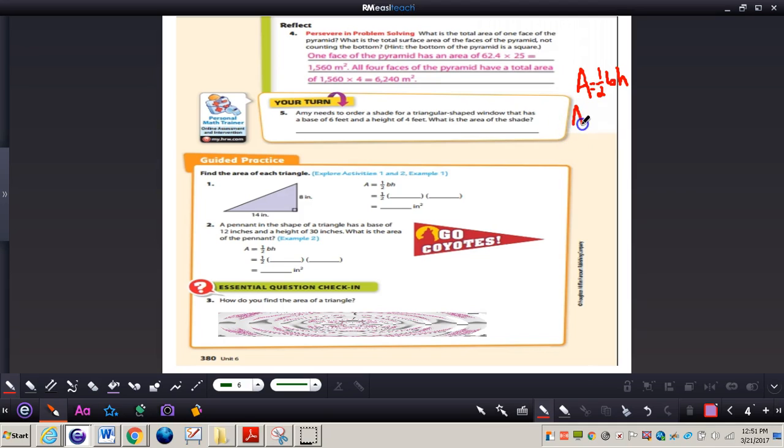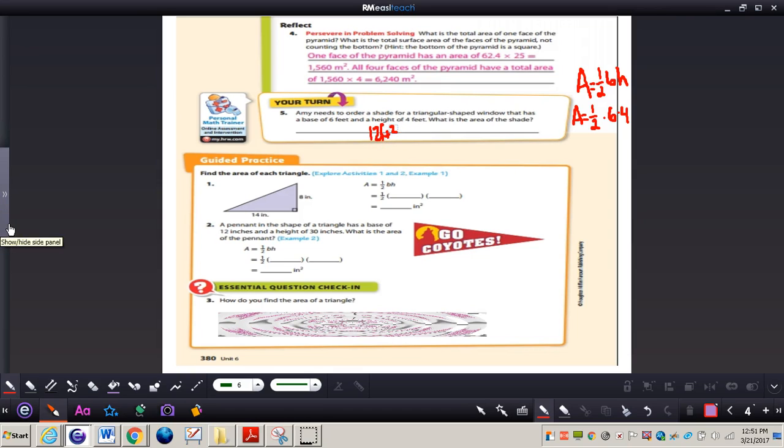Now we're plugging in our numbers. Area equals 1/2 times the base, which is 6, times the height, which is 4. Now we can multiply. Area equals 1/2 times 6 gives us 3, times 4 gives us 12. So the area of the shade is 12 feet squared.